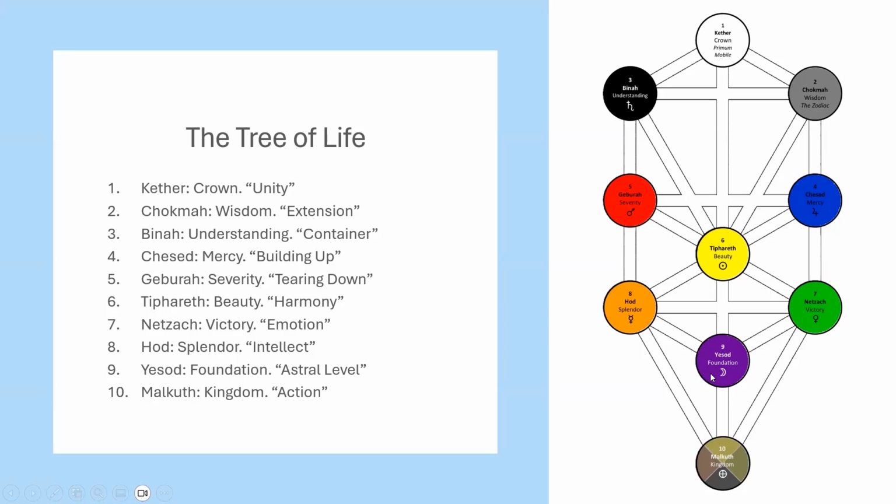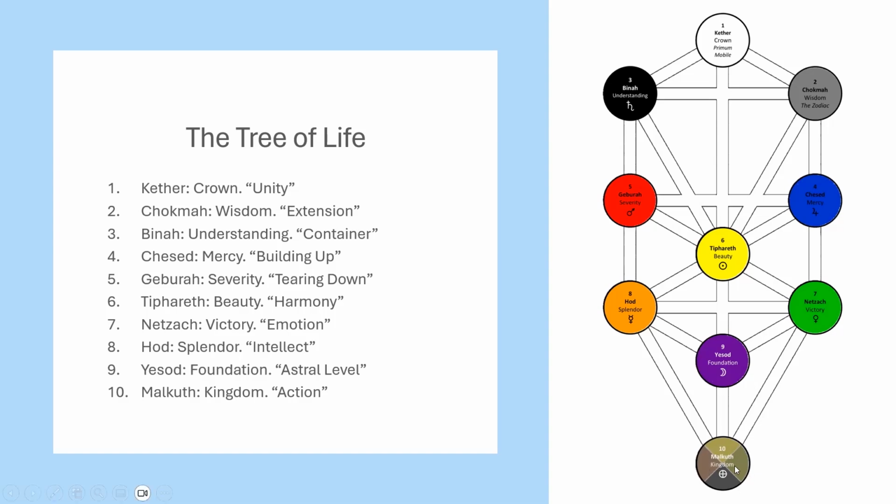Yesod is foundation. It's important to think of that foundation. It's the underlying thing. But a lot of times we think of foundations as below. And so if you've got a building, the foundation is the thing that's below the building, but the tree works backwards. So the manifest reality is here at Malkut.